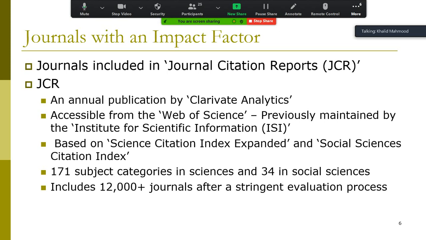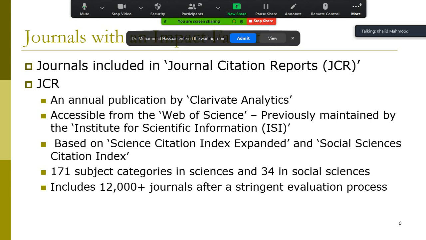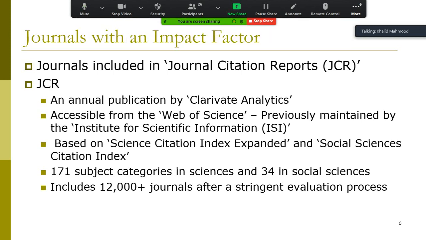So what is the Journal Citation Reports? JCR is an annual publication by a publisher called Clarivate Analytics. Historically, it was published by the Institute for Scientific Information, ISI. That's why these journals are called ISI journals.